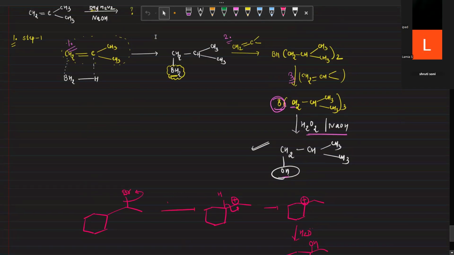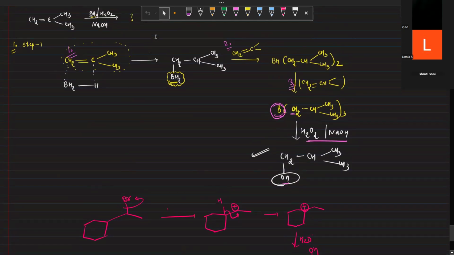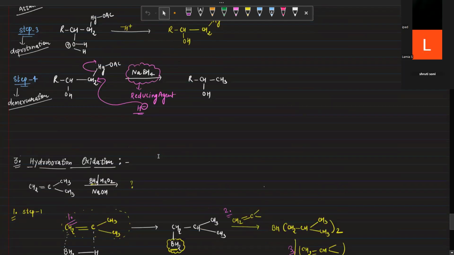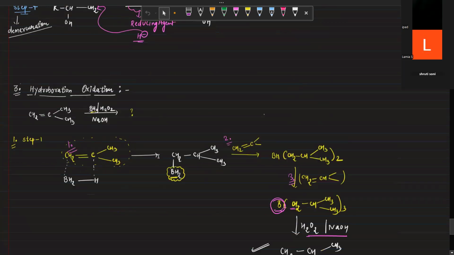In the mechanism, majorly the mechanism is a little bit harder to understand. In alcohols, there are only these two reactions: oxymercuration-demercuration and hydroboration-oxidation. These two reactions have a little bit tougher mechanisms.